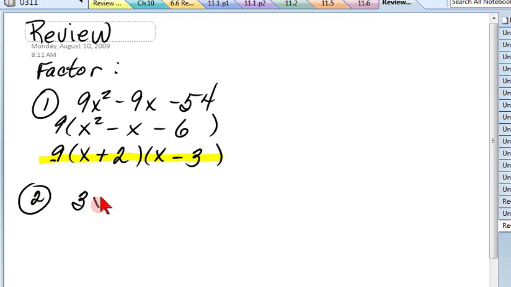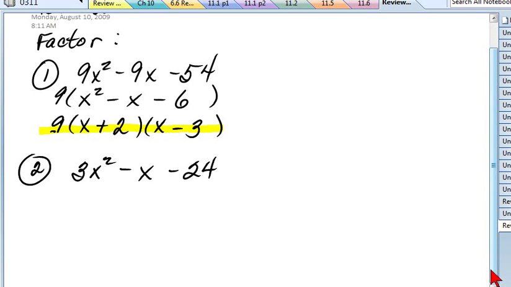Okay, problem number 2. I have 3x squared minus x minus 24. Is there a common factor? No. I see 3 terms, trial and error, so I'll go with the 2 binomials, 1 plus and 1 minus. Well, I know I need a 3x and an x.